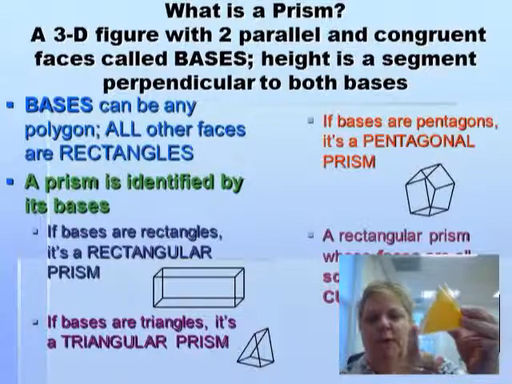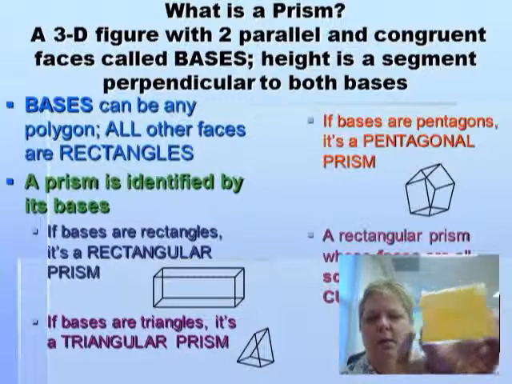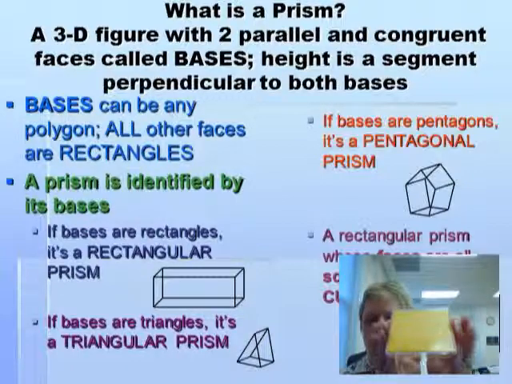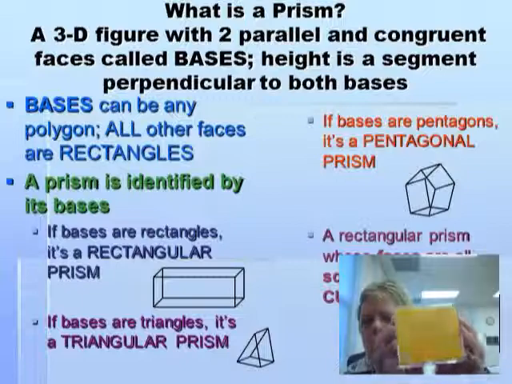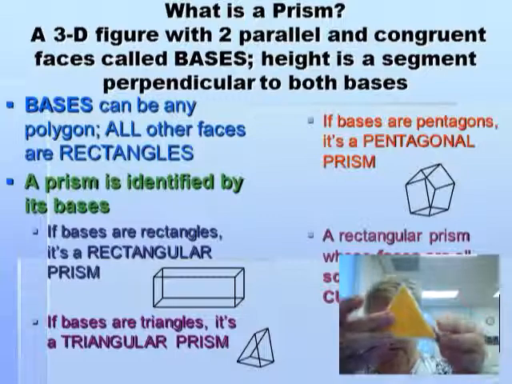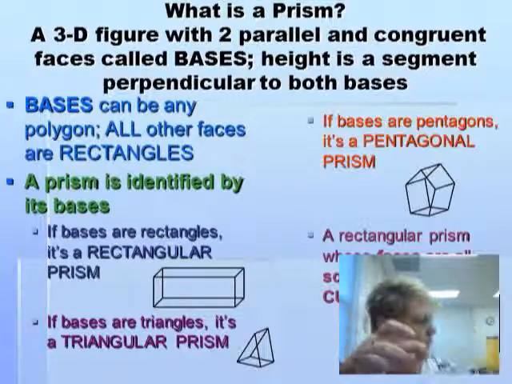So in my shape right here, it has a triangle on each side here, and all the other faces are rectangles. So this is a prism. A prism is identified by the base. So not only does it have a base that's a triangle, this would then be called a triangular prism.